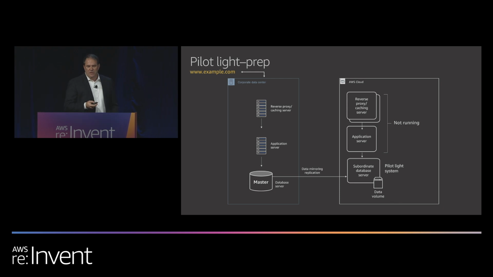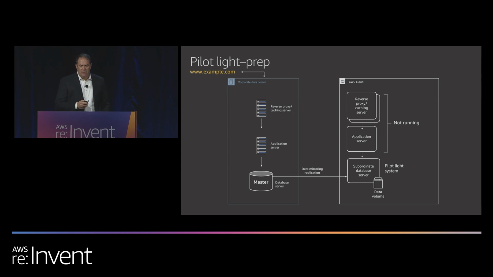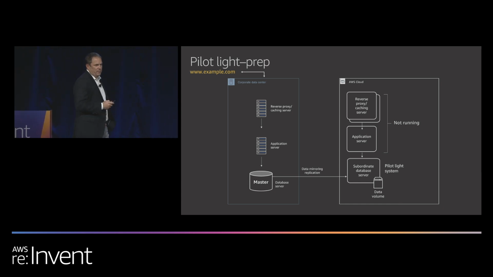So the Pilot Light option consists of your environment's most critical elements running in the AWS cloud. So systems are either in standby or powered off state, and data is replicated from your on-premises data center, or it could be another instance within the cloud, but from your on-premises data center in this example to the AWS cloud.